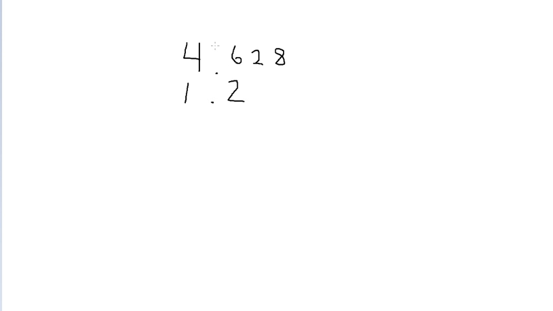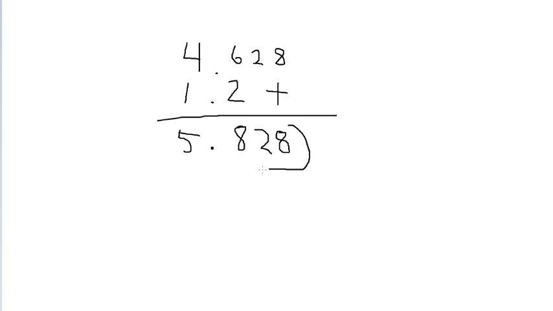You do have to line up your place value and decimals on this one though. So you would add them together. So you would pretend that these spots are filled in with zeros. So you would just do your 8 and 2 and 8. You'd bring your decimal point down. This would be a 5. And so your answer to this one is 5.828.